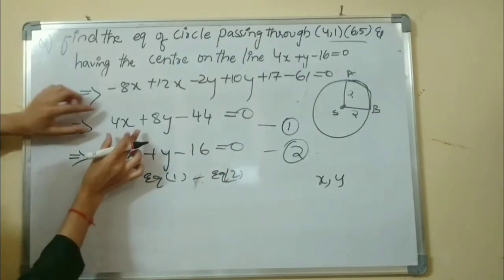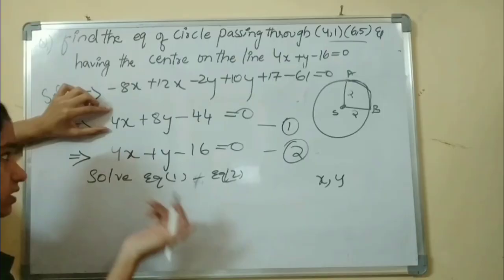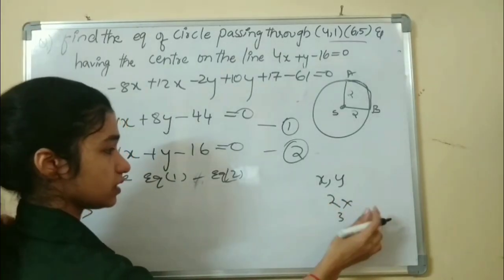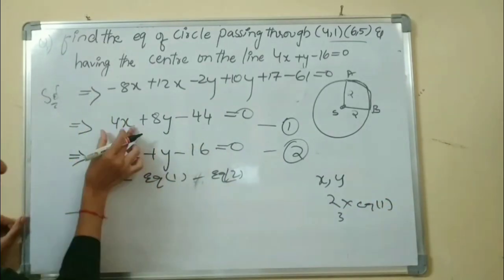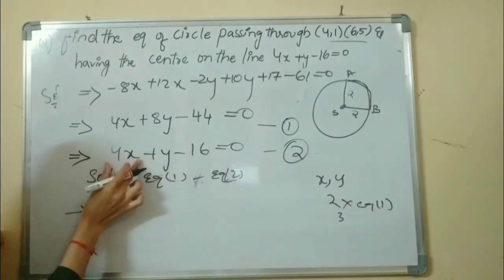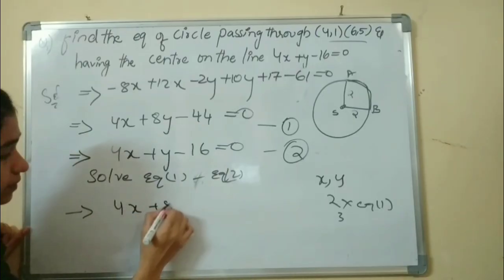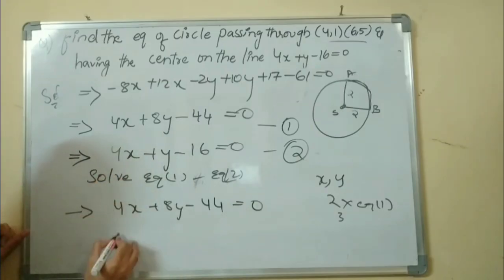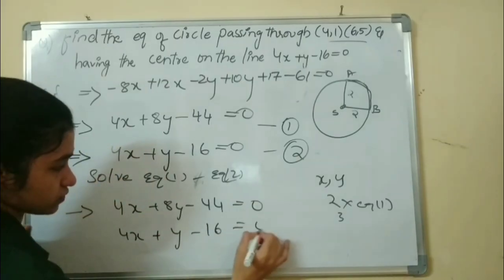If you look here, the 4x is already equal, so we do not need to multiply equation 1 or 2. We will directly cancel it. 4x plus 8y minus 44 equals 0, and 4x plus y minus 16 equals 0.